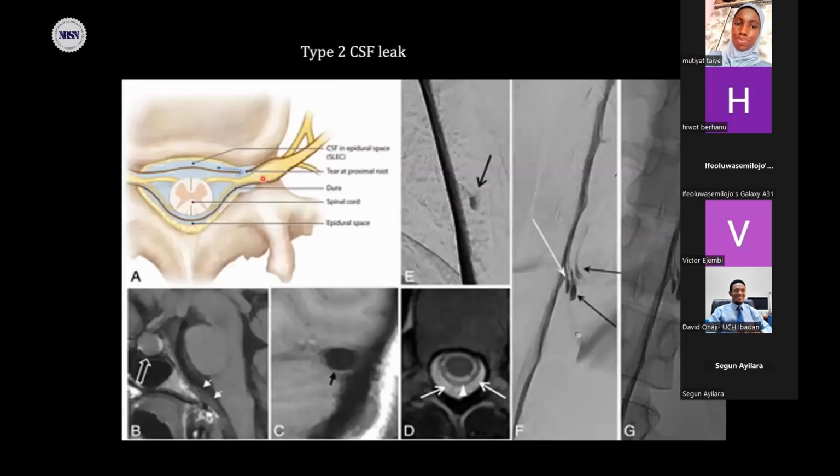A type 2, the tear is more at the neural foramen or the sublateral recess, such that you have some of the CSF still coming into the dural space. But with these leaks, it means that you need to have positional changes in order to elicit the leakage.